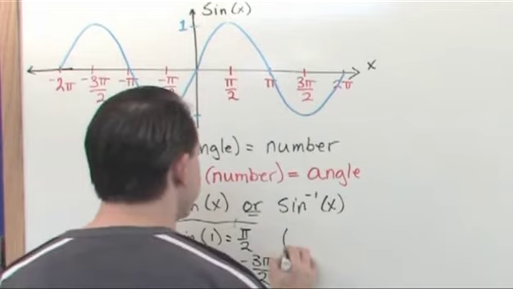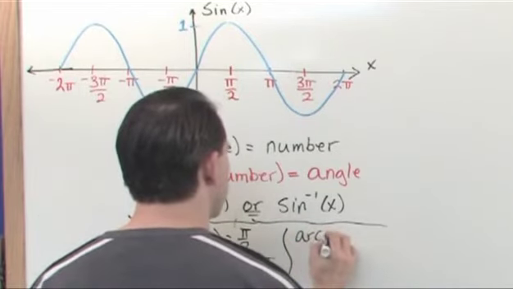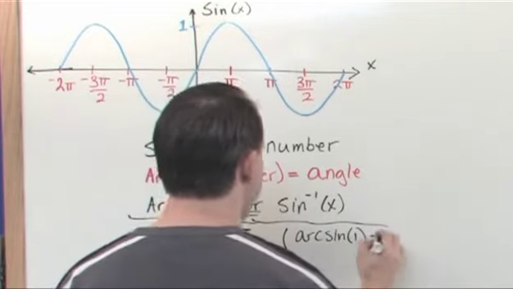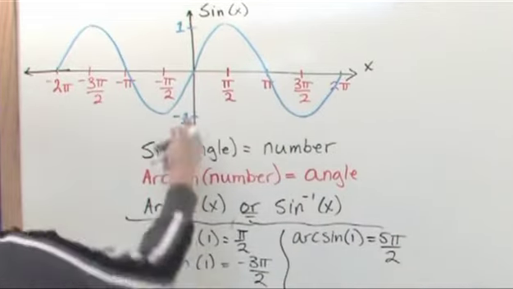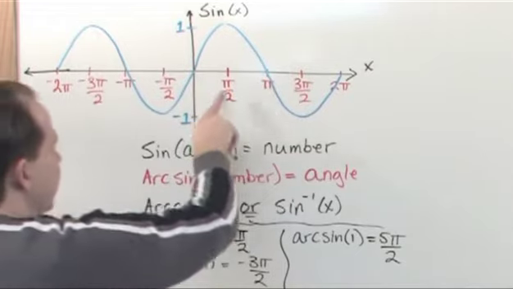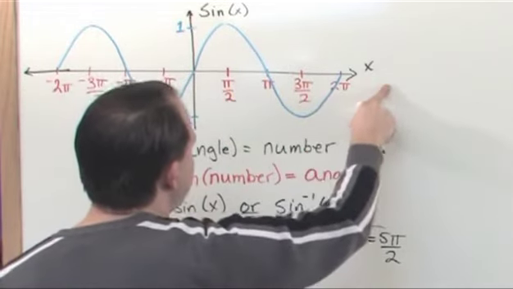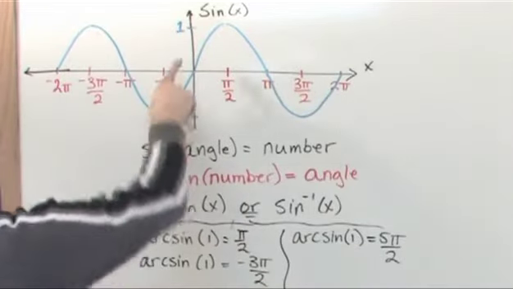And likewise, if I do the arcsine of 1, I can also get back 5 pi over 2. Okay? And you can see that if you take this to its logical conclusion, pi over 2, 2 pi over 2, 3 pi over 2, 4 pi over 2, 5 pi over 2, it ends up back up here, way over on this side. That also corresponds to the value of 1.